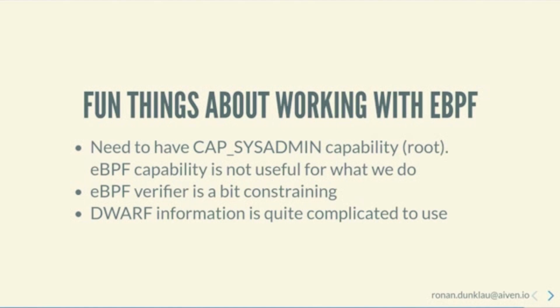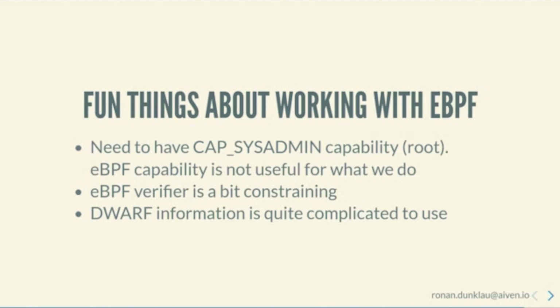The eBPF verifier is a bit constraining. I mentioned how it prevents you from writing unbounded loops, and that's really great. But also it tries to prove that your value will stay within certain bounds, for example, when you're doing memory access and things like that. And sometimes it just gets confused due to the way things are compiled.